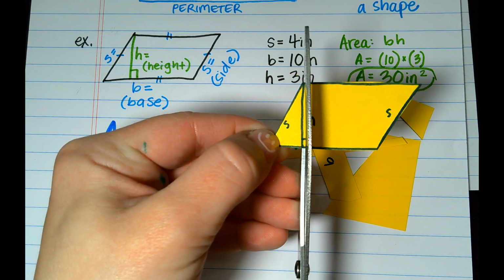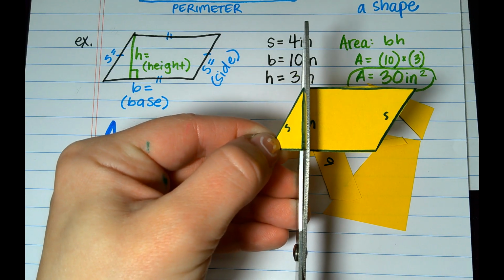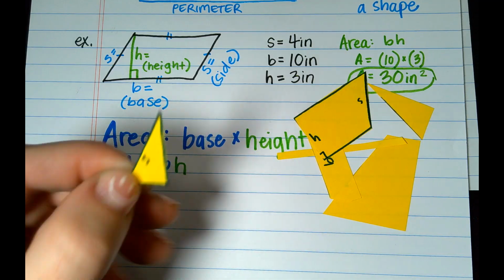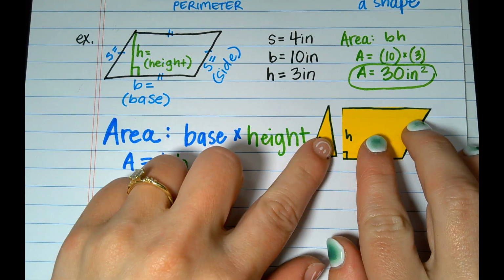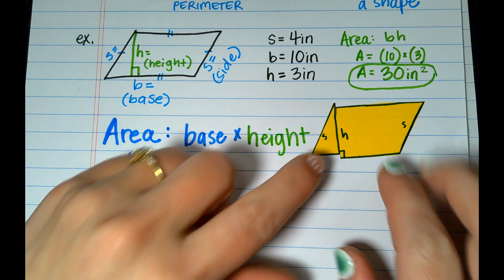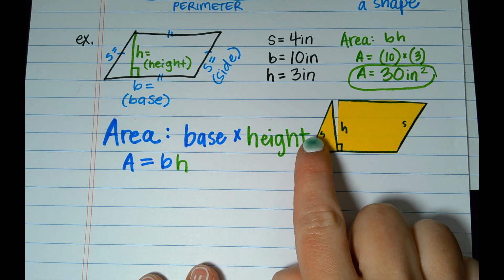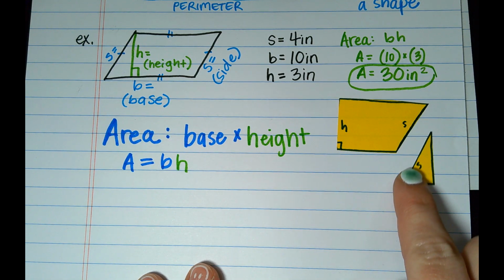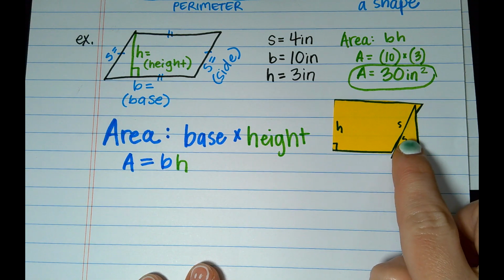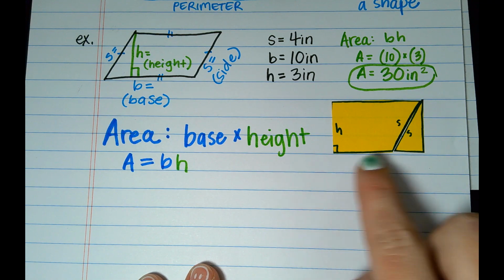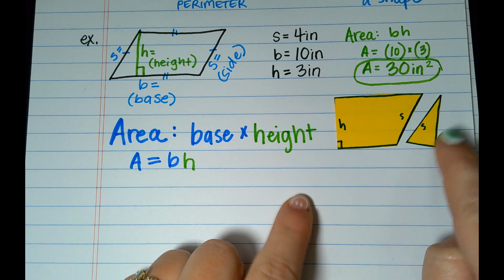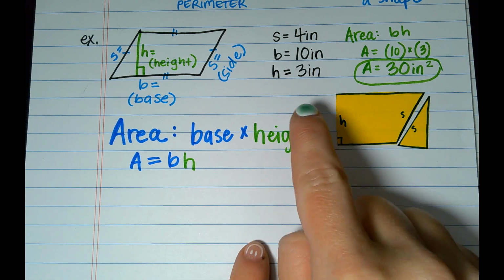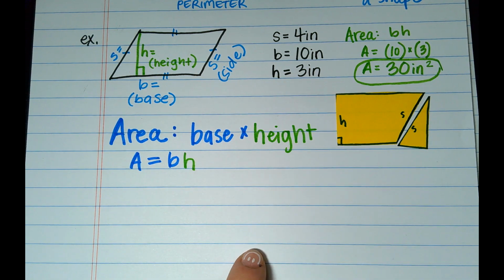If I cut off this triangle that's formed by the height, all I have to do to see why the formula works is I can move it. Look at that. And now you haven't lost any length on your base. This whole thing is your base right there. And now your side length is your height.